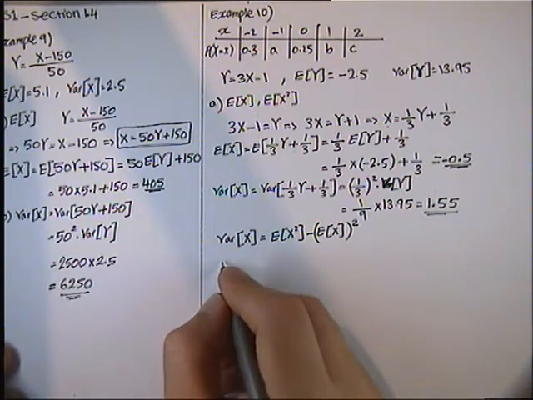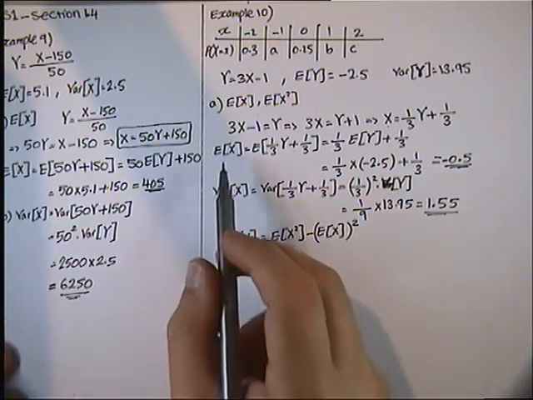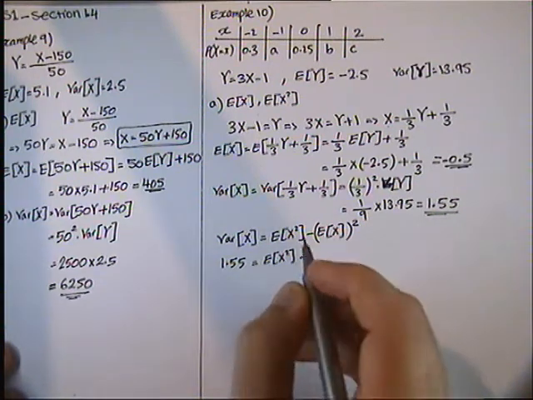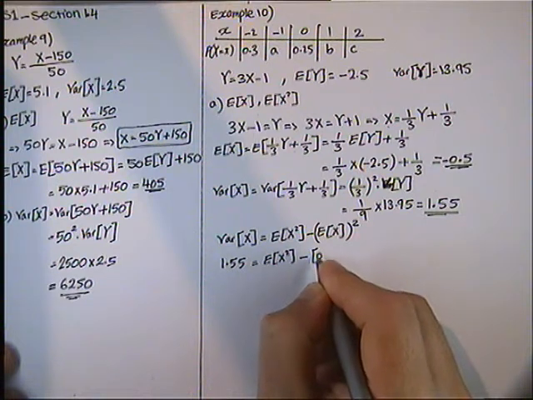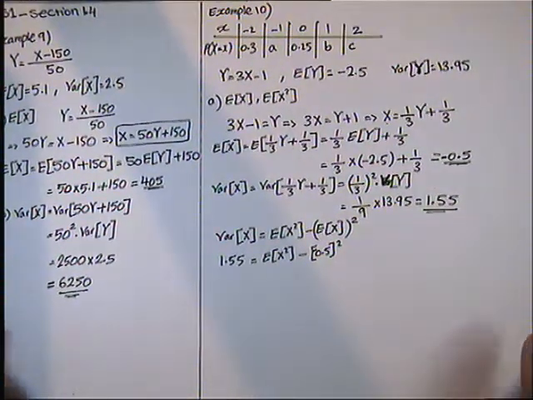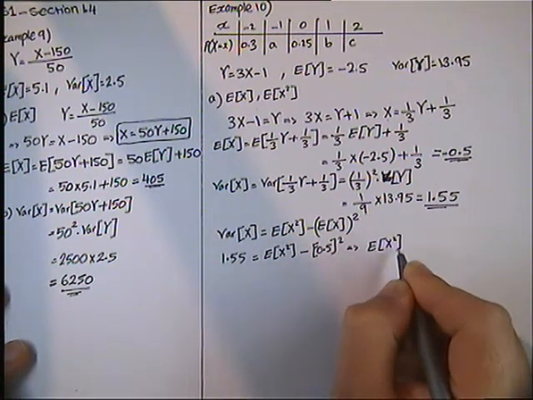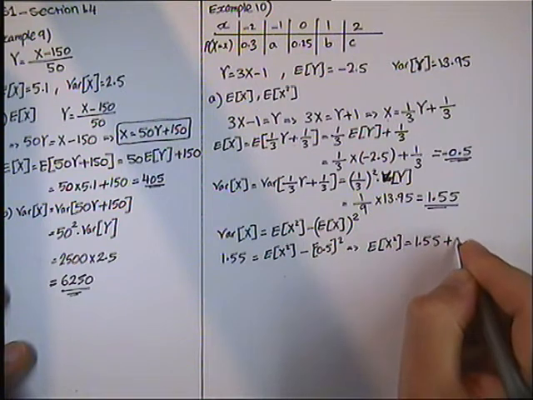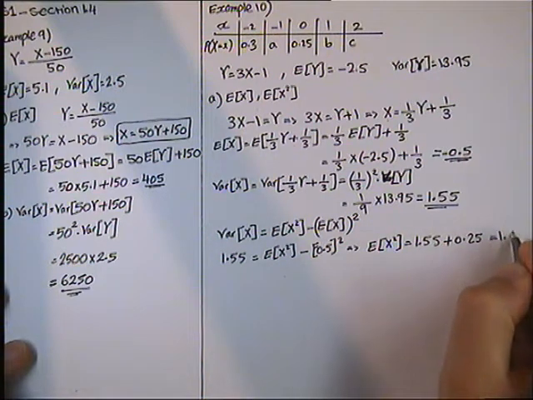So therefore 1.55 is equal to E of x squared minus E of x, which we already worked out, negative 0.5, negative 0.5 whole squared. Okay, so therefore E of x squared is equal to 1.55 add 0.25, which is 1.8.